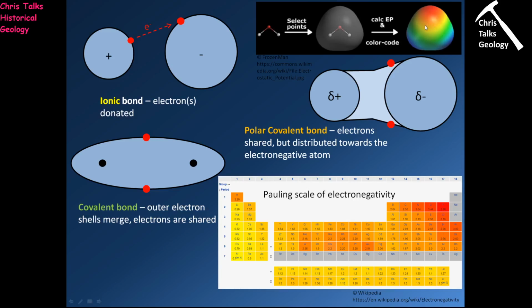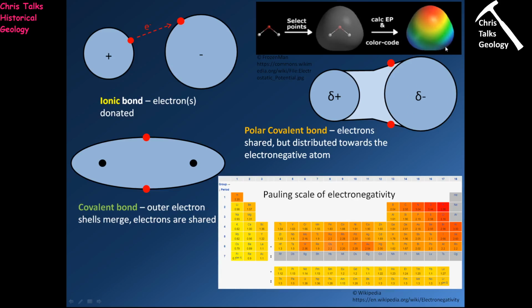If we look at it in a color-coded form to show where the electrons are most of the time, what you'll see is we have the oxygen, which is very electronegative, pulling the electrons towards itself. So although these are covalent bonds, the oxygen is keeping hold of the electrons for a lot of the time. And so it's very, very electronegative.